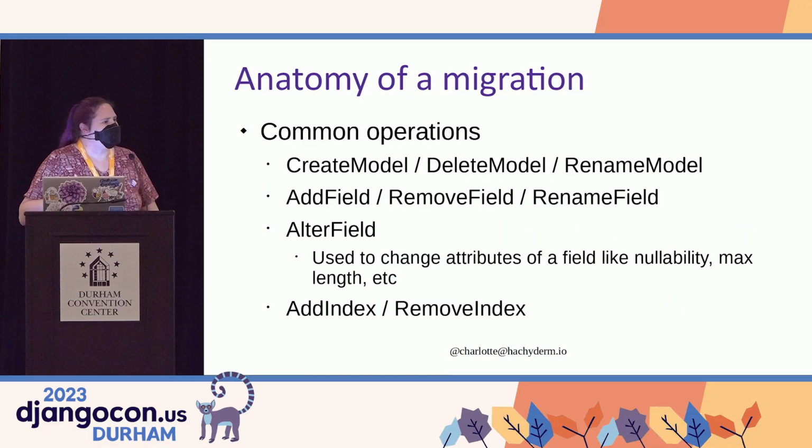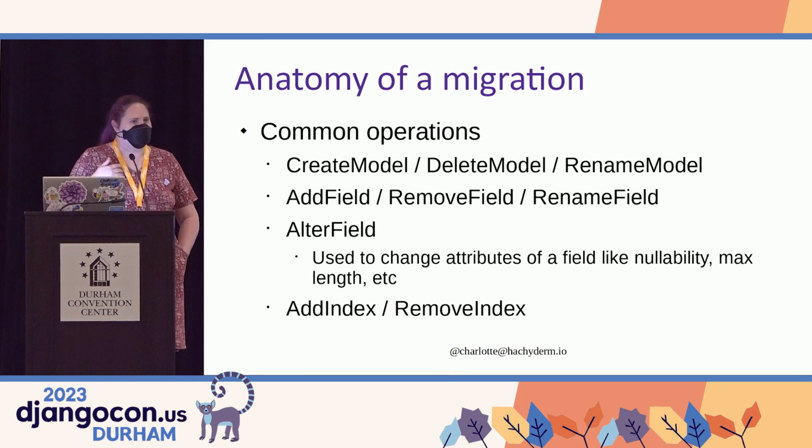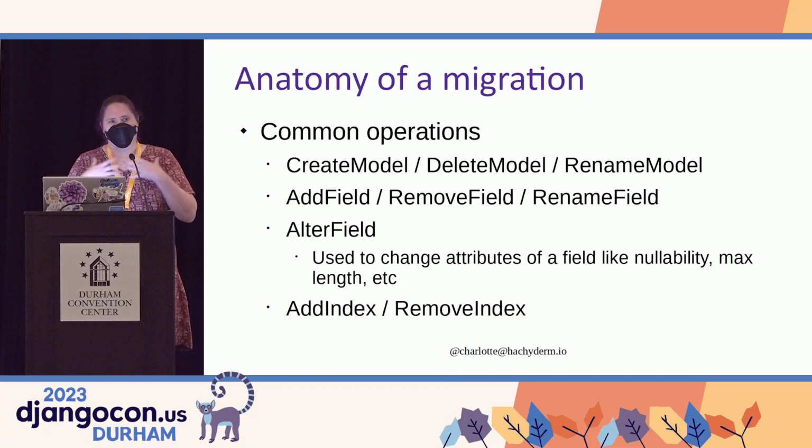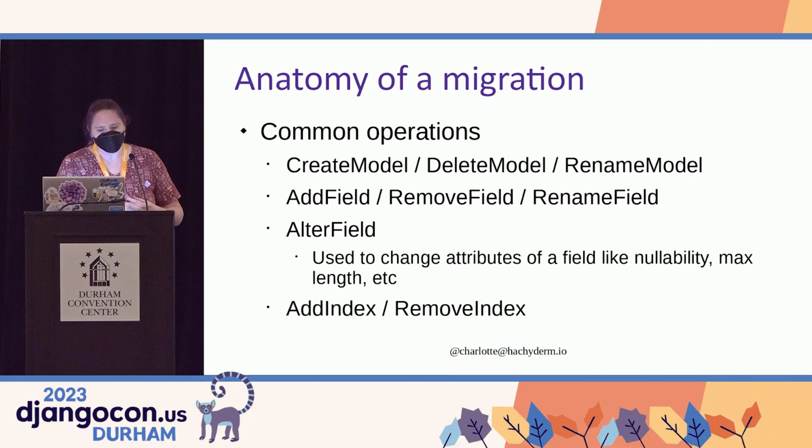If you look at some of the migrations that Django has created in your own apps, these are some of the common operations that you'll see in that operations list. You'll see CreateModel, DeleteModel, and RenameModel, for exactly what that sounds like: when you create a new model, remove a model, or change the name of it. Similarly, one layer deeper, AddField, RemoveField, RenameField when you are changing the fields on your existing models.